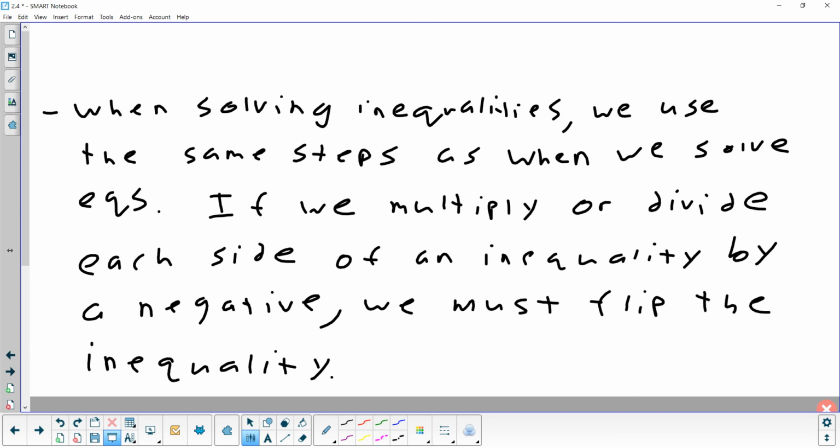So we'll try an example. First, it's just a basic inequality, and then we'll do one like we did yesterday with absolute value, which is very similar. It involves splitting it into 2 problems. We'll look at that next.